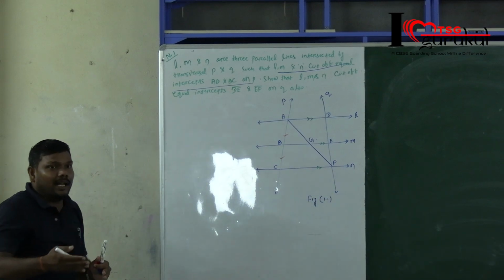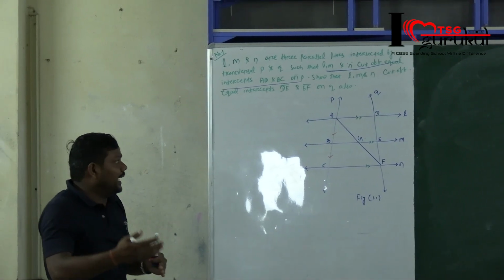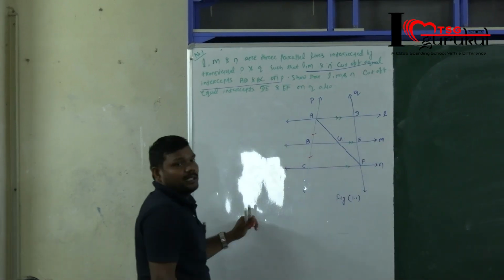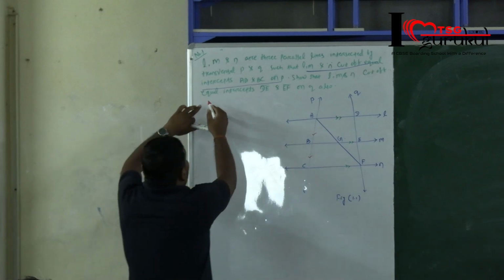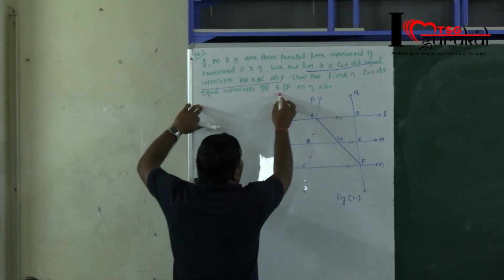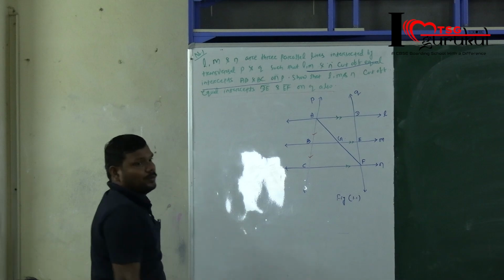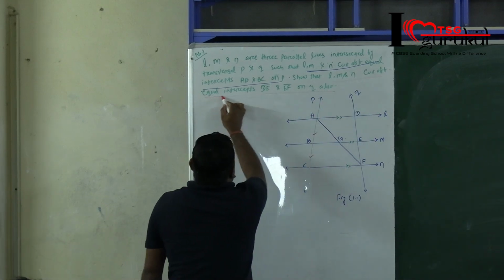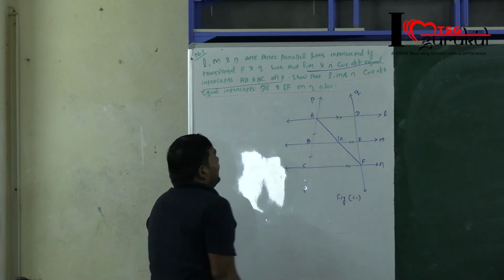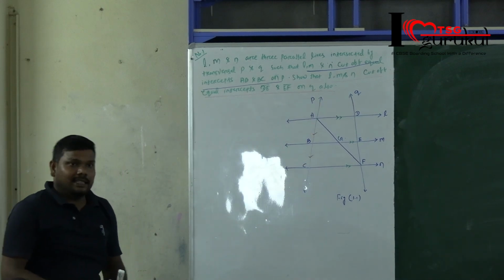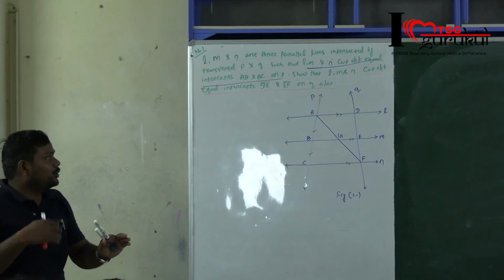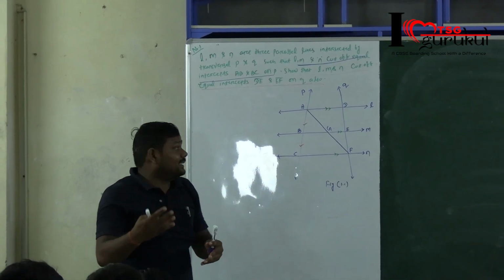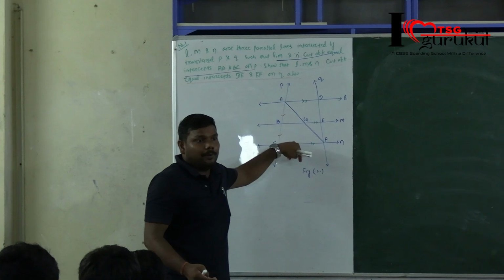Now we will show that E is the midpoint of DF, that is, equal intercepts DE and EF on Q also. When can we say E is the midpoint of DF?